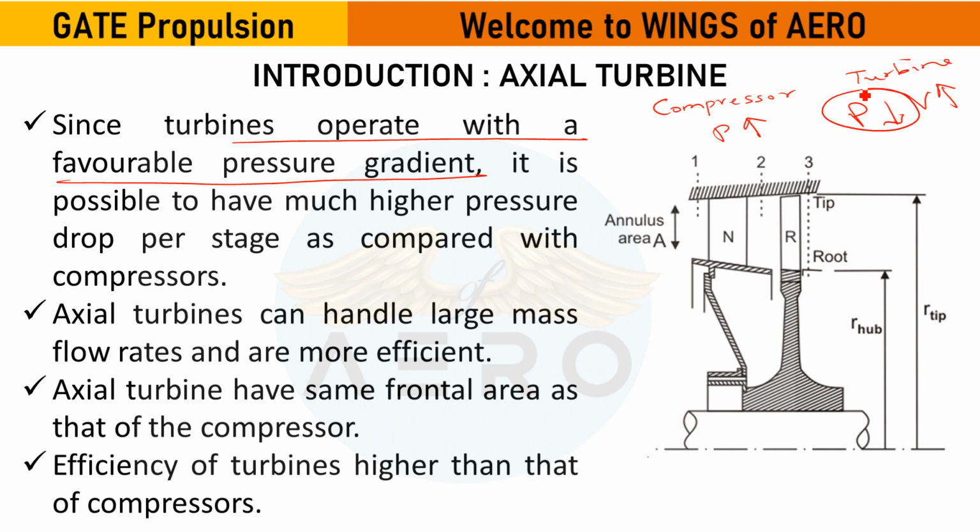Now if the pressure is low, what does that mean? That means there is a pressure drop. Now how does a pressure drop happen? The blade is designed in such a way that it will create an adverse pressure gradient. Adverse pressure gradient means there will be flow separation. So a huge amount of stalling is required.